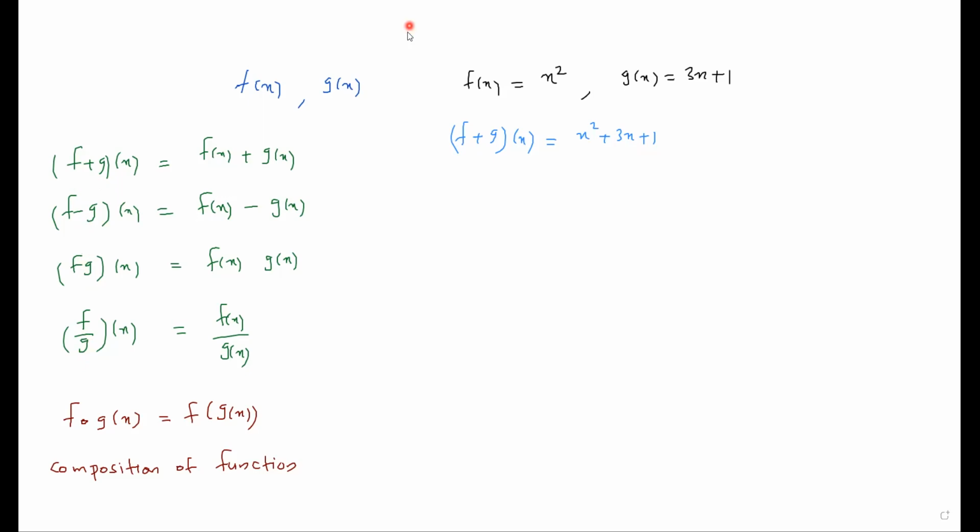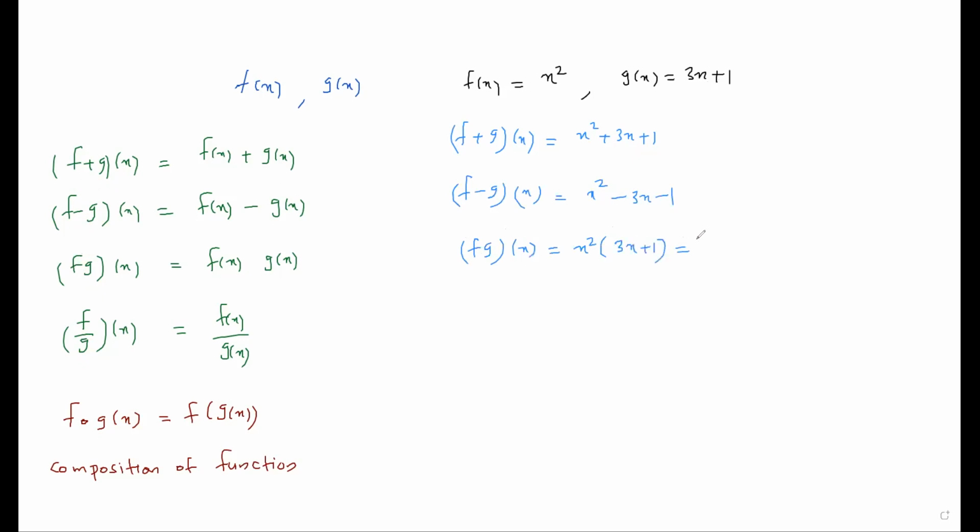Then f minus g of x is equal to x square minus 3x minus 1. Then you got another function, f into g of x, which is x square into 3x plus 1.